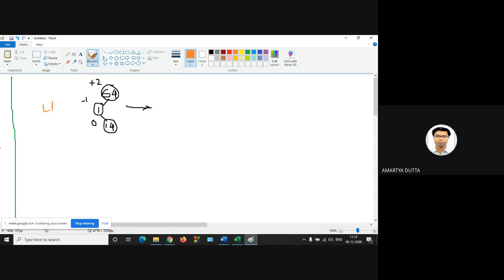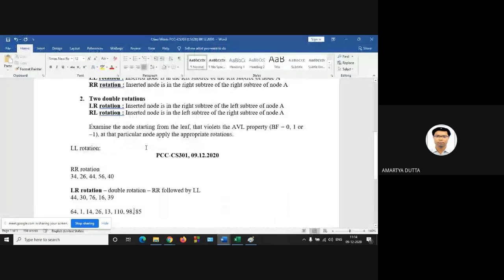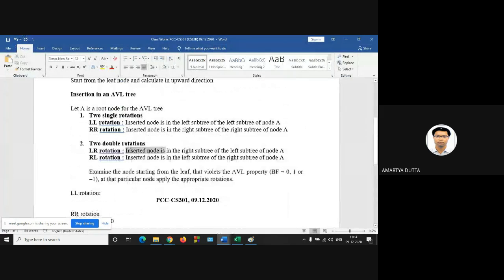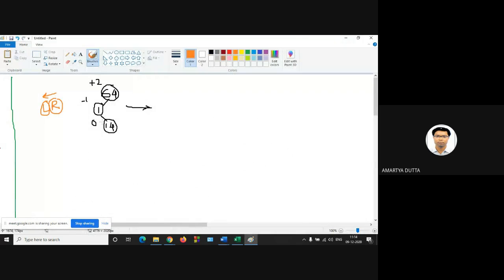LR means you have to read from right to left. LR means the inserted node is in the right subtree of the left subtree of node A. This is the rule. So here 14 is inserted in the right subtree of the left subtree of 64.